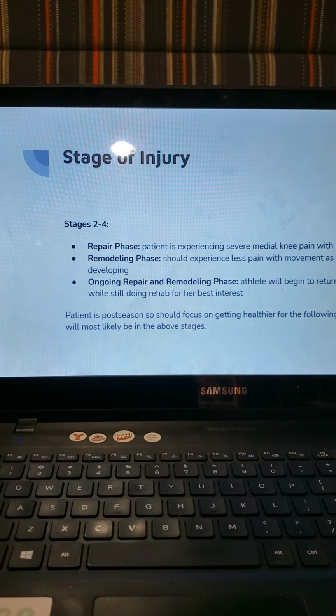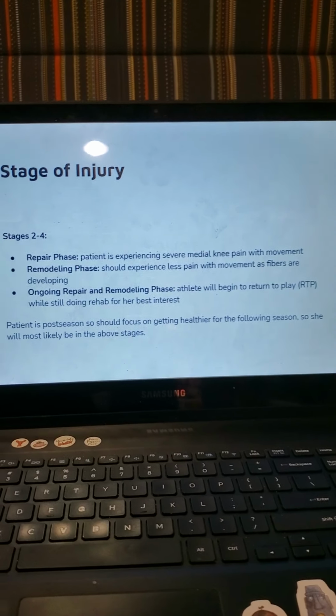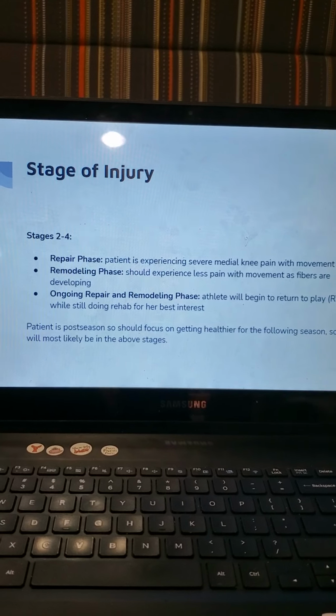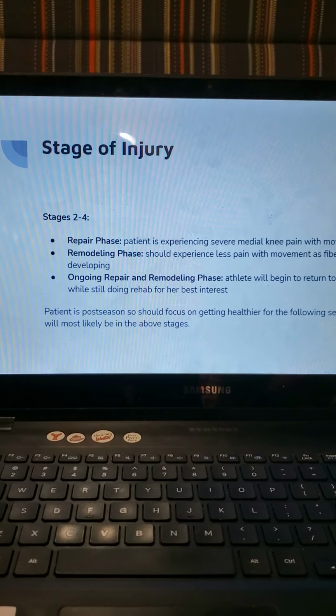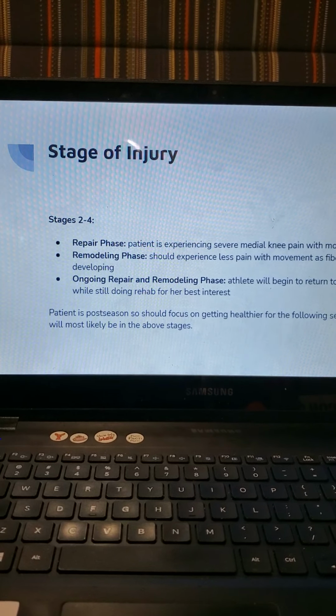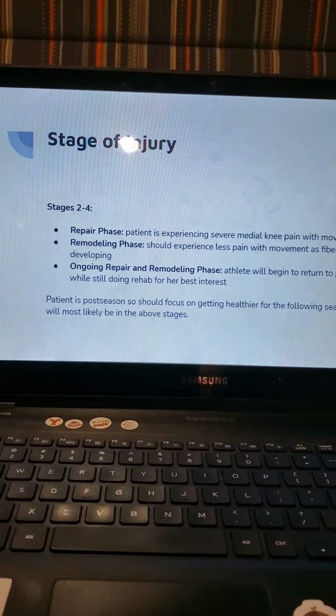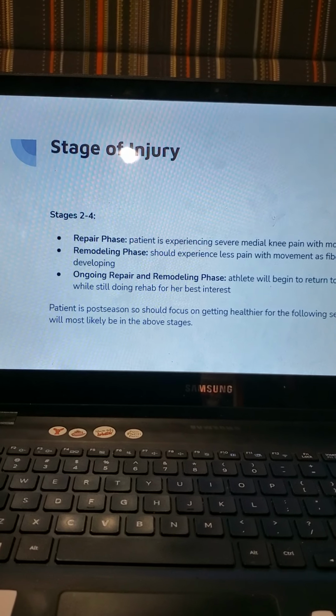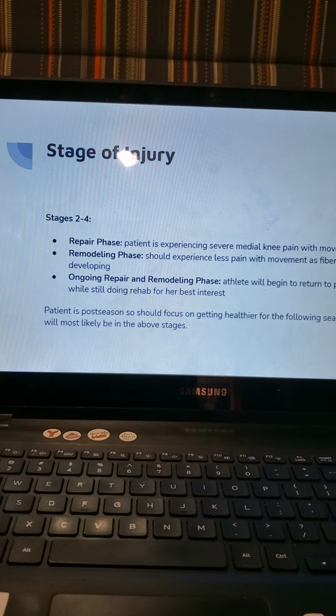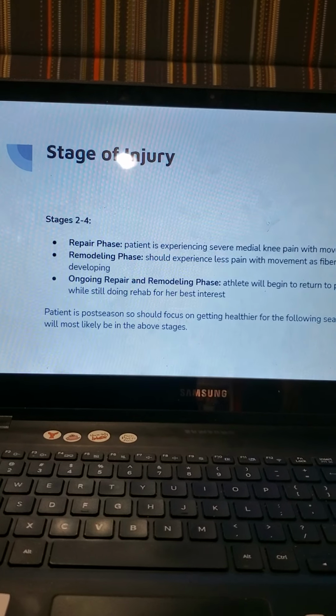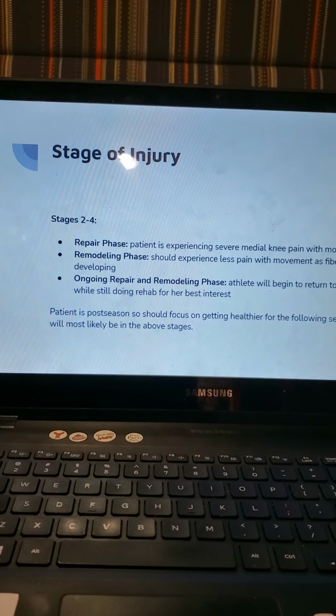The third phase is the remodeling phase, which includes experiencing less pain with movement as the fibers are developing. So usually reducing the inflammation, and knee movement is a lot easier for the patient.